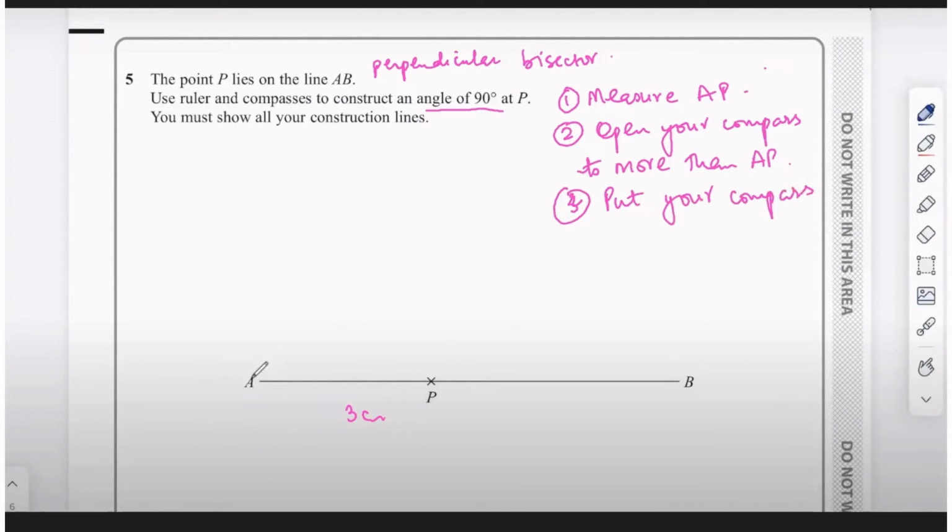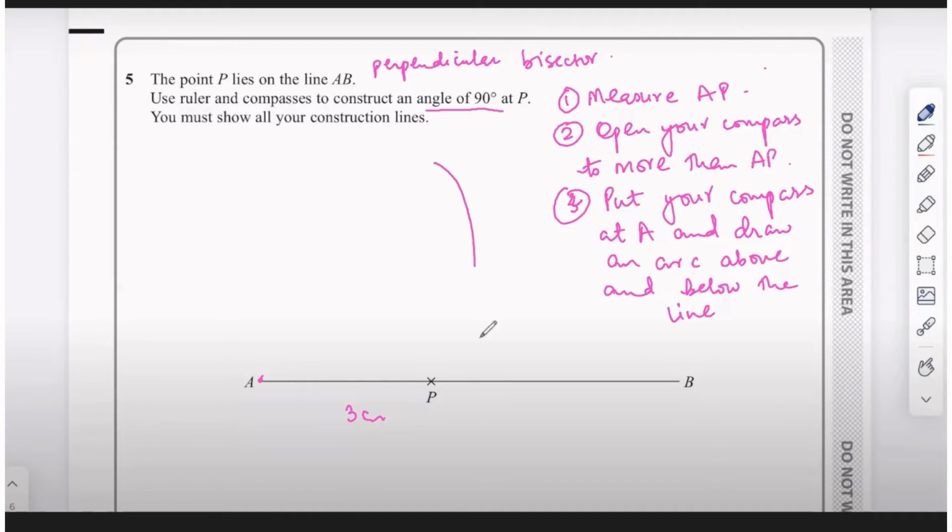And then you will put your compass, the pointed part at A, and draw an arc above and below the line. So basically, when you put it at A, you will draw an arc over here like this.